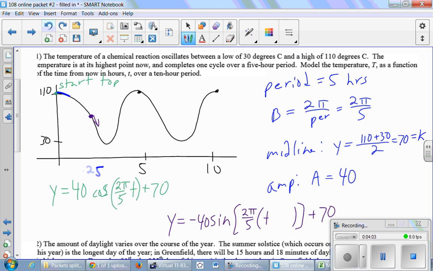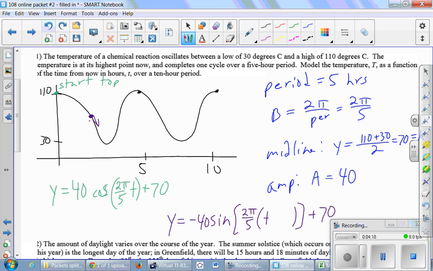Remember how we oftentimes will cut the graph into quarters, each of the quadrants? So the period is 5, so cut that into fourths, and this middle point is at 1.25. So that's the horizontal shift, and it's to the right from where it normally is, so t minus 1.25.